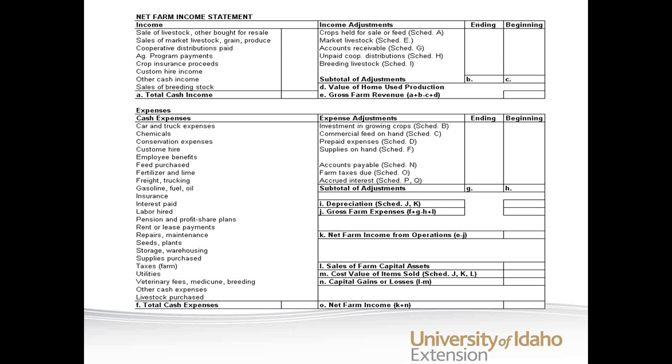Otherwise, if you hold them in inventory and don't make any adjustments, the farm will show lower income than it would have shown had those been sold. In this case we just make adjustments in the inventory.